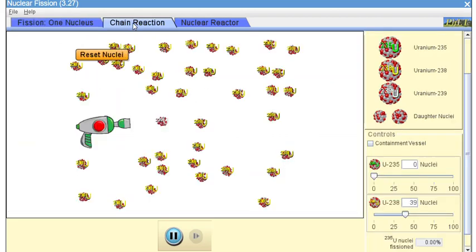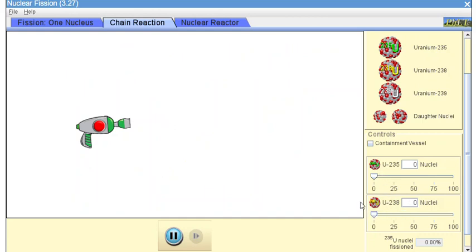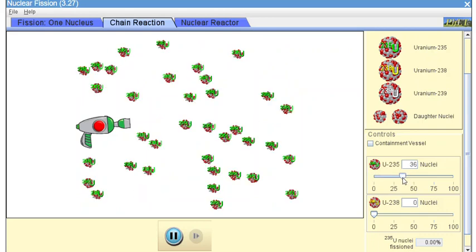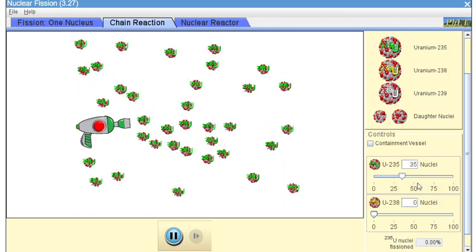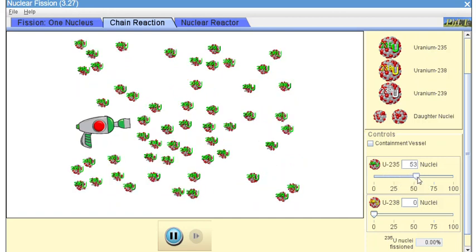We have also here one option that is called chain reaction. So basically in chain reaction, we're going to have, for example, several nuclei of uranium-235. You can control how many nuclei of uranium-235 you want to have, right?